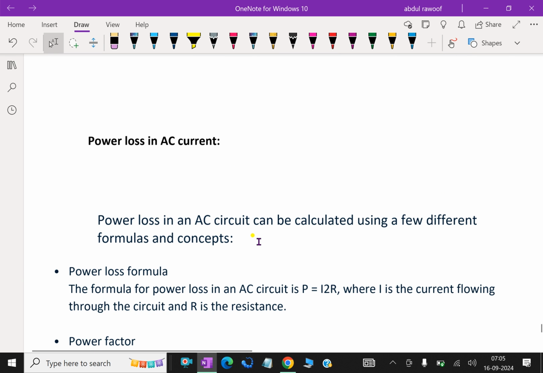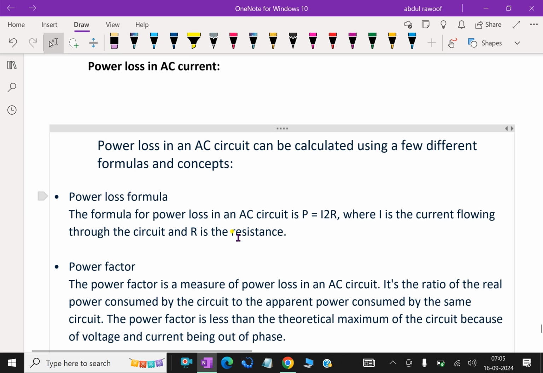Next one, power loss in AC circuit. Suppose that an AC voltage V is impressed across an impedance of any type. It gives rise to a current I through the impedance, and the phase angle between V and I is phi.